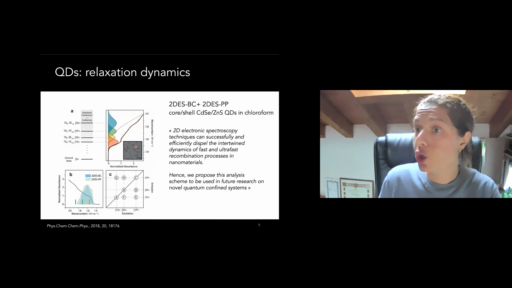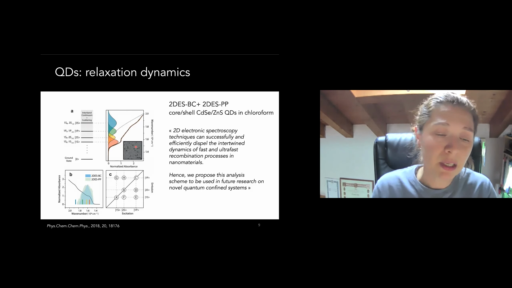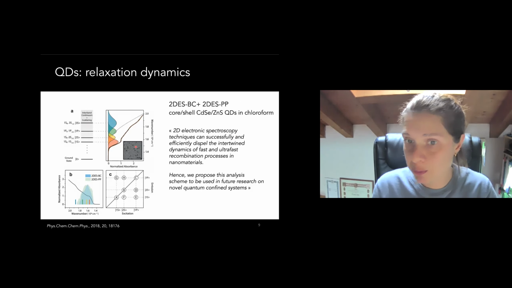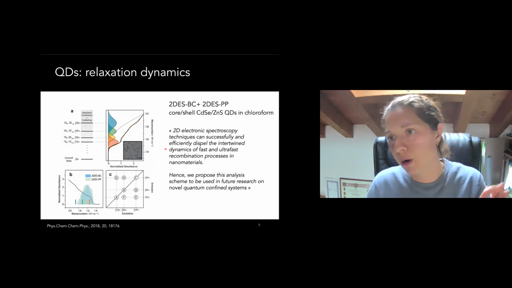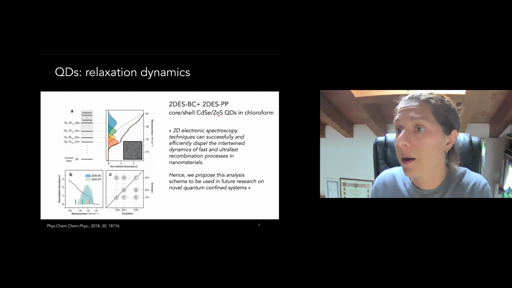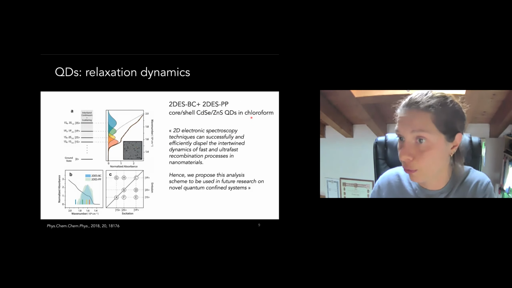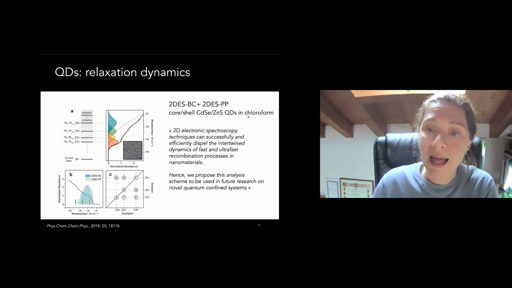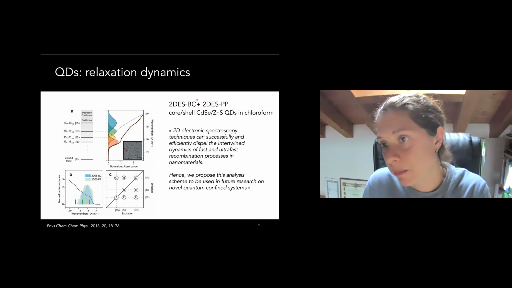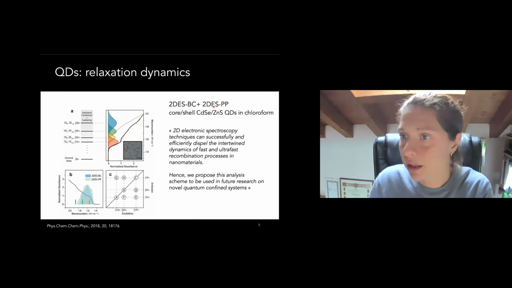We started this journey by applying 2D electronic spectroscopy to quantum dot material, characterizing a very prototypical example of quantum dot, this cadmium selenide, zinc sulfide core-shell quantum dot, studied as a suspension in chloroform. We applied two different experimental schemes, in particular a fully non-collinear boxcar geometry and a partially collinear pump-probe geometry.